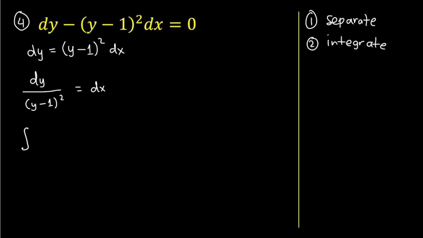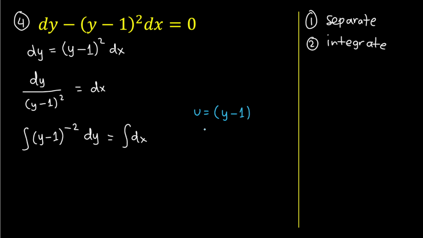Let's do exactly like this. So we will have y minus 1 to the minus 2 power, dy here, and here we will have integral of dx. Okay, now what can we do here? I think I will use substitution here. So u is equal to y minus 1.